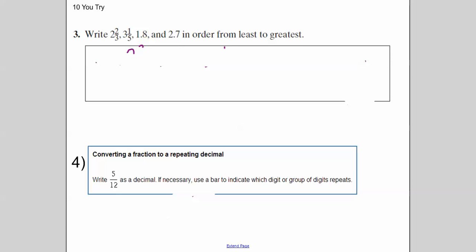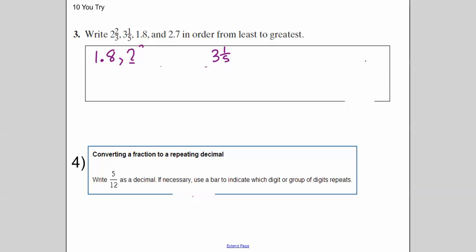All right, so let's see how we did here. If we pay attention and use our ordering skills, I know that 1.8 is going to have to be my smallest number because that's the only number with a 1. I know that 3 1/5 is going to be my largest number because it has a whole number of 3.